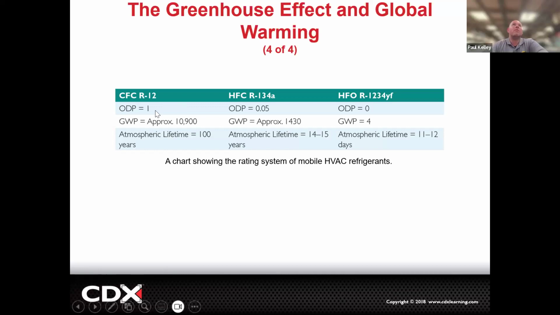The atmospheric lifetime of R12 is 100 years. That thing was home wrecking, ripping the ozone apart, for 100 years. And then R134a only lives 14 to 15 years and then it's done. Can you see now the perspective that I came up with? R12 to R134a is basically like organic. You could rub this all over your skin. It was awesome.